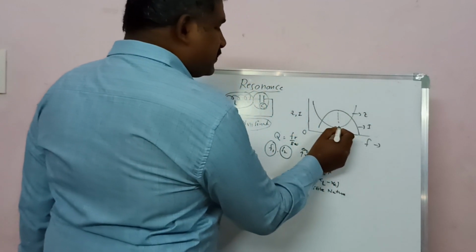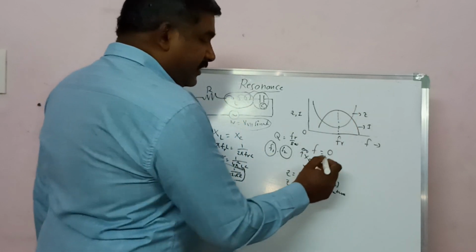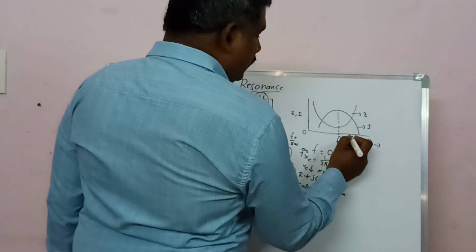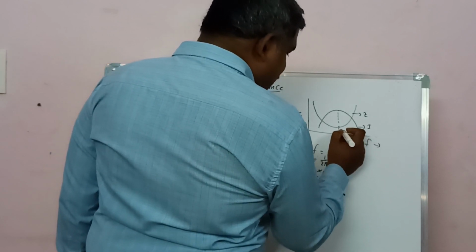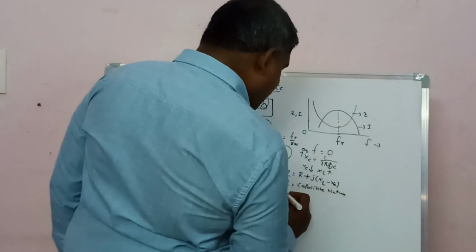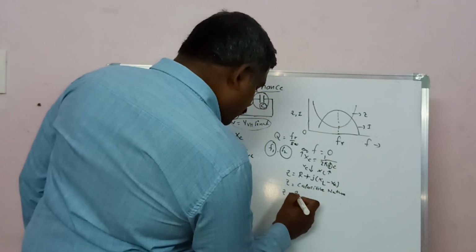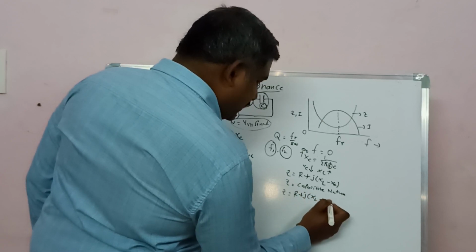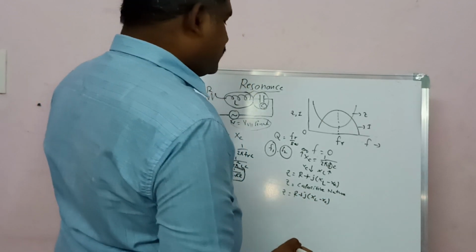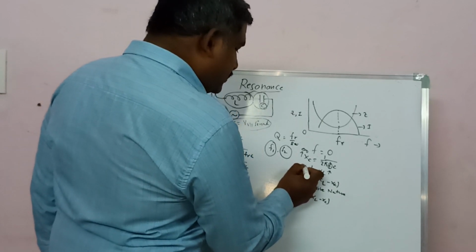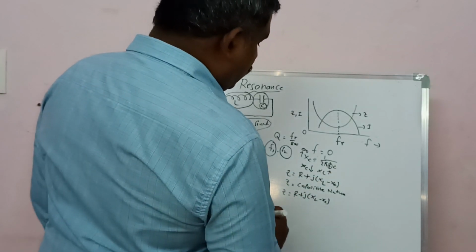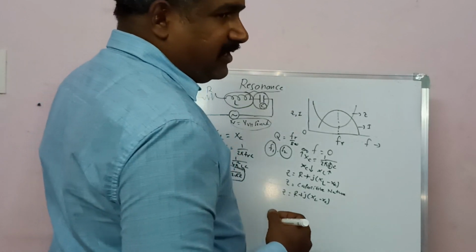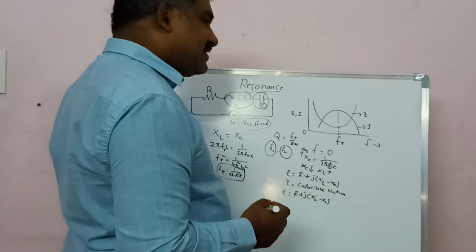After crossing the FR value of frequency, obviously the impedance value starts increasing because Z is equal to R plus j into XL minus XC. So already we discussed that XC is reducing, and when XL is equal to XC, the two values are equal in magnitude but exactly placed 180 degrees apart, so they cancel each other.